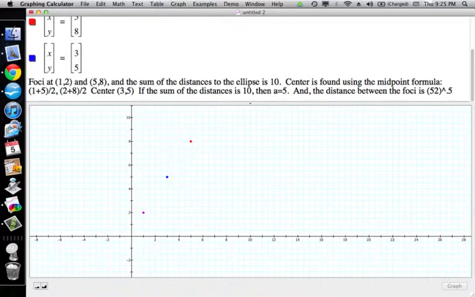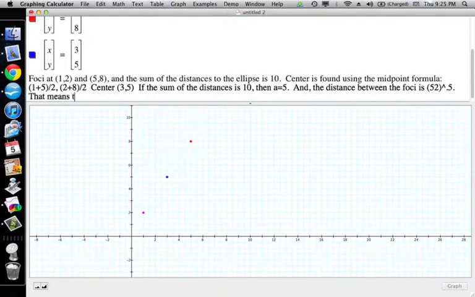Square root of 52. So that, okay, so then that is c. So if I divide that by 2, I can pull that out. Okay, that means that c is equal to 13 to the 0.5, square root of 13.